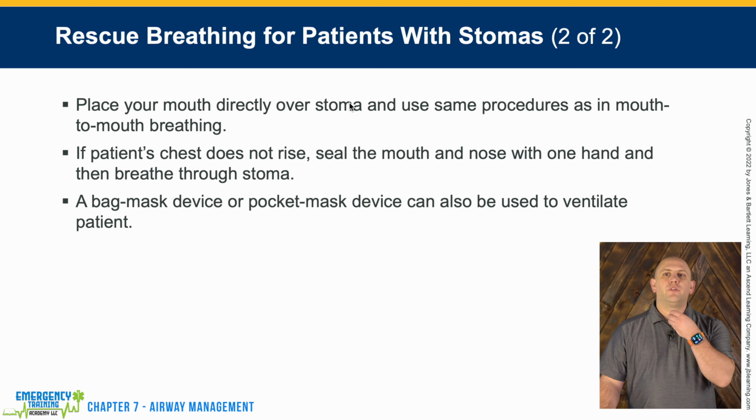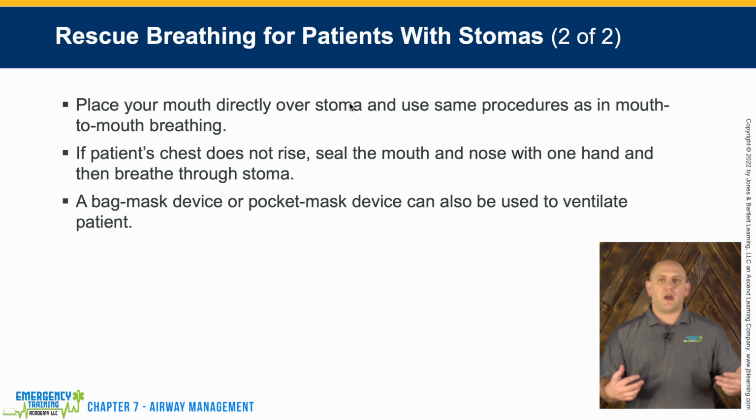Just like mouth to mouth, if you're performing rescue breath, if you're doing that direct breath into the stoma and you don't see chest rise, then you're going to need to seal the mouth and the nostril using one hand and then breathe into the stoma once again. You are able to use your bag devices or pocket devices when ventilating into a stoma.